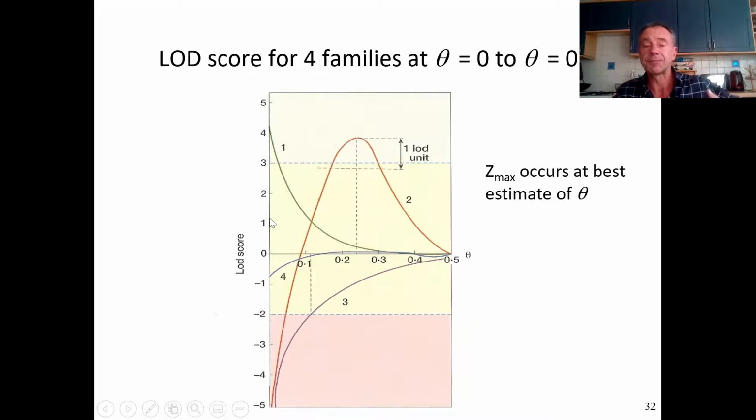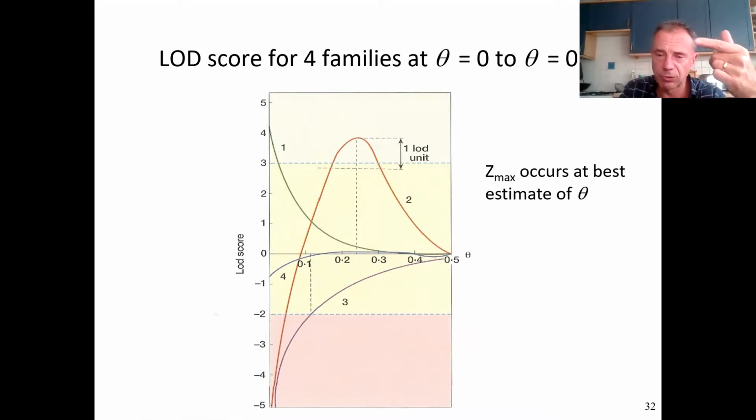That will be the place where the ratio of the alternative hypothesis against the null hypothesis of no linkage has the highest value, and the logarithm of it, the log score, has the highest value, where the recombination probability is 0. So that'll be a situation of sort of tight linkage.